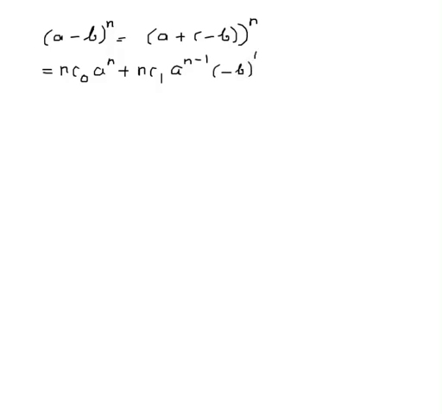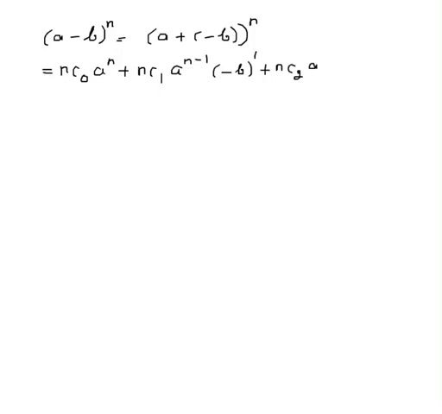Let us write the binomial expansion of a minus b whole raised to n. This can be written as a plus minus b whole raised to n. First term will be nC0 a raised to n. Second term is nC1 a raised to n minus 1 into minus b whole power 1.